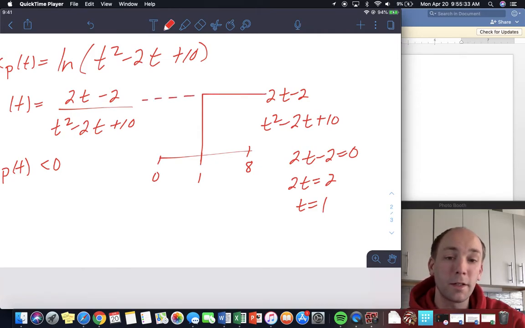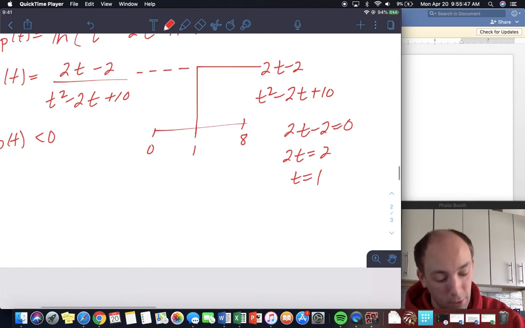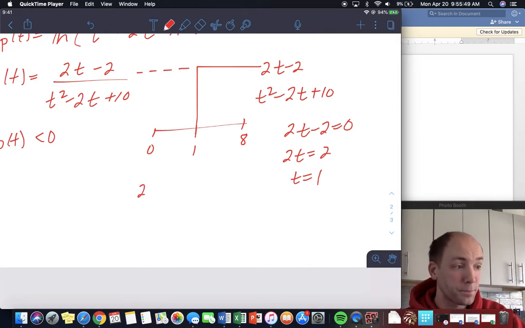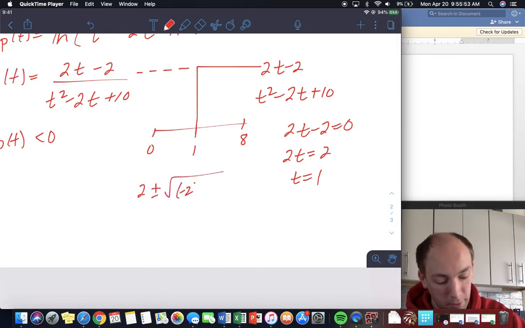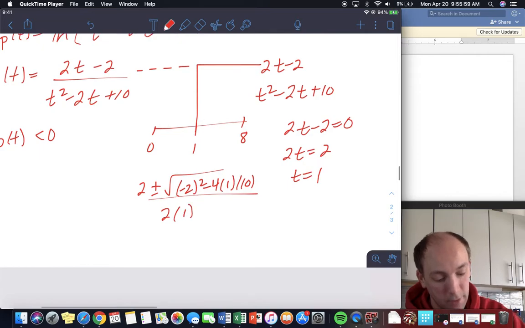For the other part, t squared minus 2t plus 10, I try to think of a way to factor it, but there aren't any numbers that would multiply to get 10 and add to get negative 2. So instead I want to try the quadratic formula. The opposite of b plus or minus square root b squared minus 4 times 1 times 10, all over 2 times a.